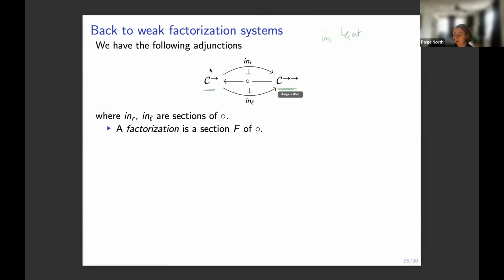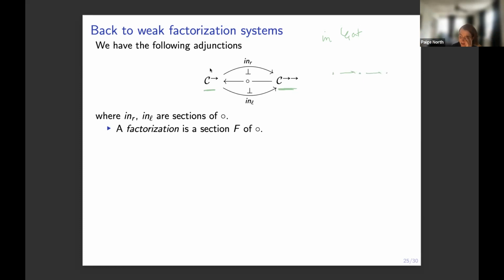And here we're taking a category to the category of diagrams of the shape, noted in the exponent. So we're not thinking about this as being part of the weak factorization system, but defining in a categorical way what a weak factorization system is.